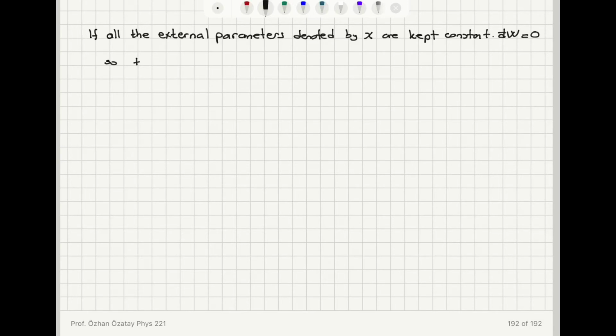That implies the change in the mean internal energy of the system is d bar Q, because d bar W is 0.